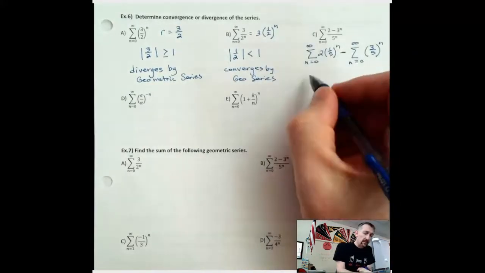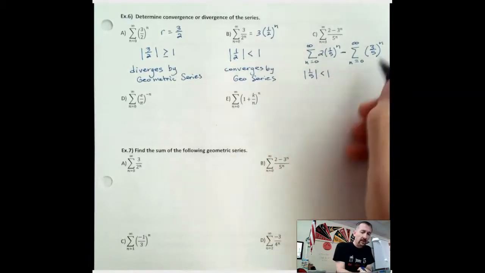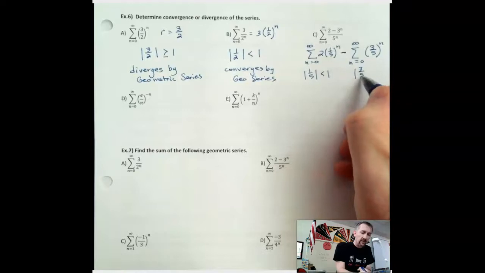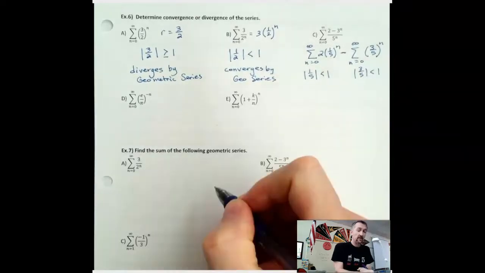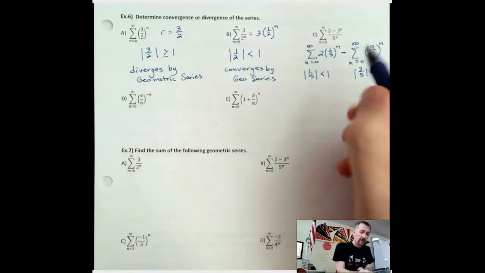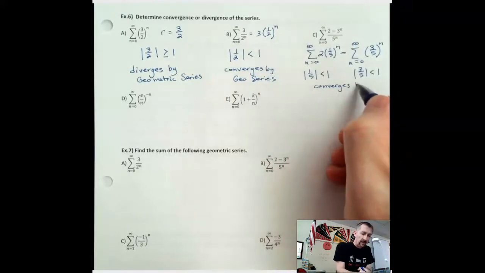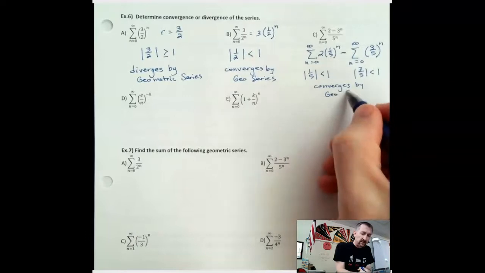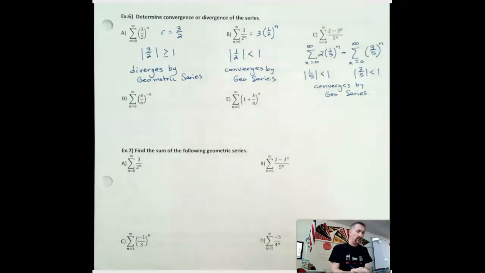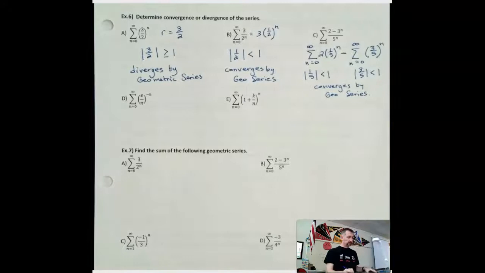So here, the absolute value of 1/5 is less than 1, and here the absolute value of 3/5 is less than 1. So both of those are less than 1, so that converges by geometric series. Okay.